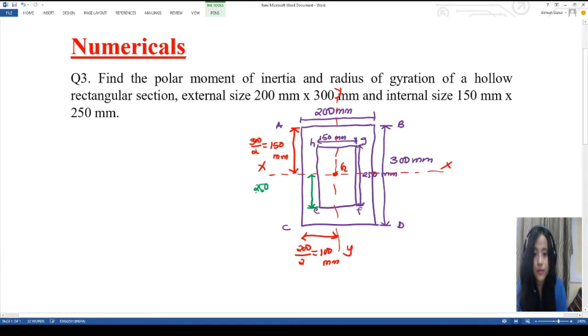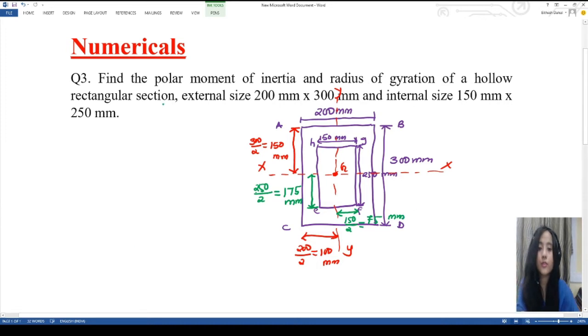So 250 divided by 2, how much will it be? It will be 125 mm, right? And again, what will be this measurement here? It will be equal to 150 divided by 2, which is 75 mm, right?